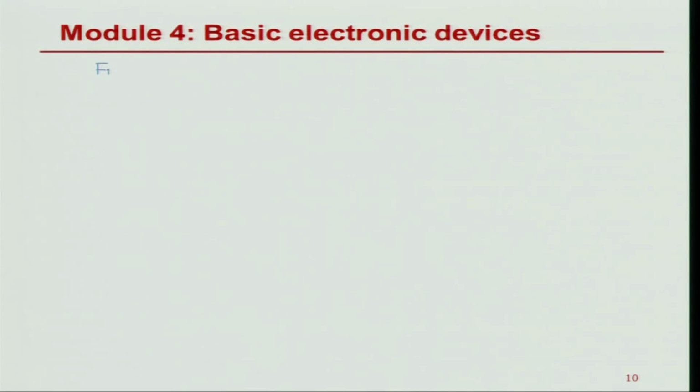The first generation solar cells, as we call them, are based on silicon, which we have already seen, or gallium arsenide.